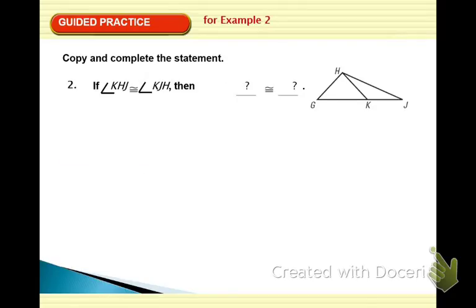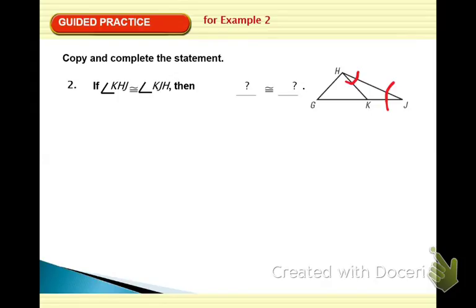All right, so now we've got angle KHJ. This angle is congruent to angle KJH. That angle. Those two angles are congruent. Then, which sides could we say are congruent? Logan Calloway, which two sides can we say are congruent?